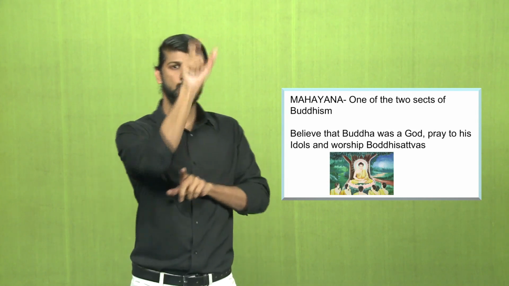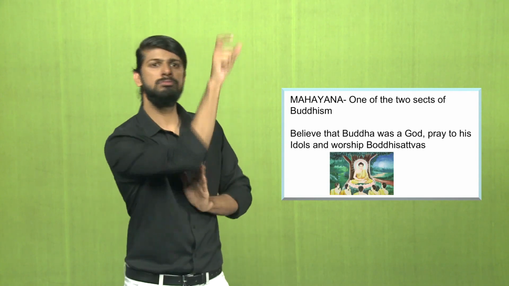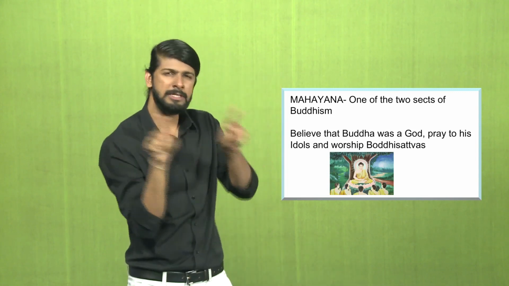One of the 2 sects of Buddhism is known as Mahayana. The followers of this sect believed that Buddha was God. Also, after Buddha's death, idols were made. The followers of Mahayana pray to these idols.